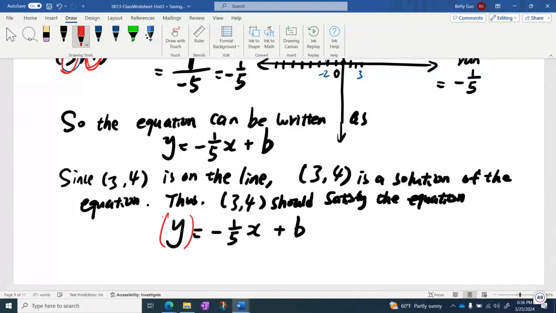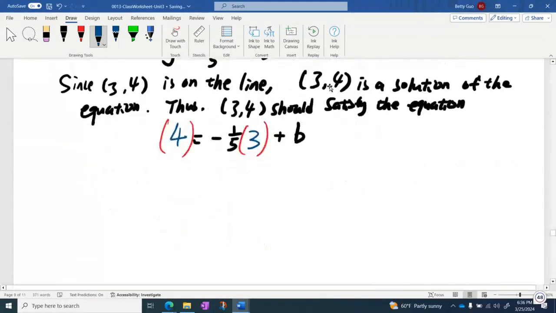We're going to plug in x equals 3, y equals 4. Now in this equation, b is the only unknown. This is something from chapter 2. We should be able to solve this equation for b.